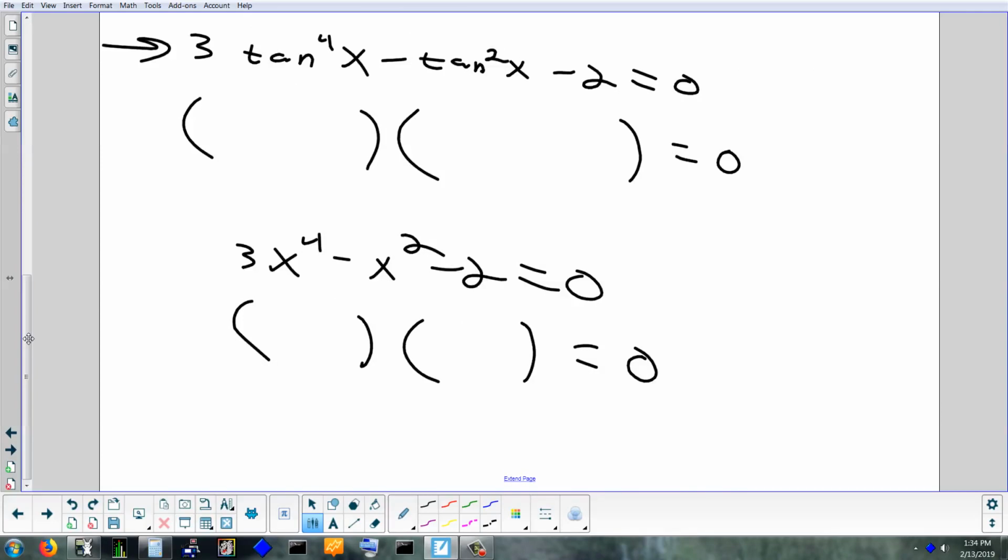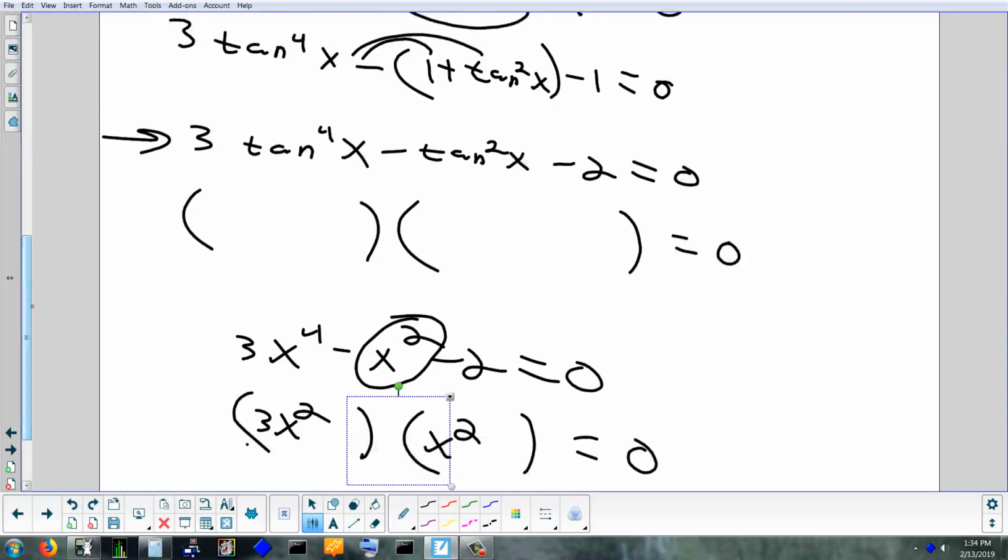You always, when you factor, have to use the term in the middle somehow to get the first term. Yep, 3x squared and x squared. We're going to do 3 tan squared and tan squared. That's exactly how we're going to start. 3 tan squared, tan squared.